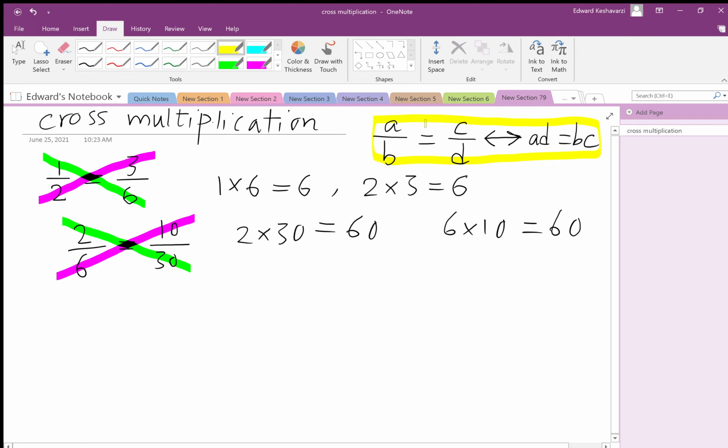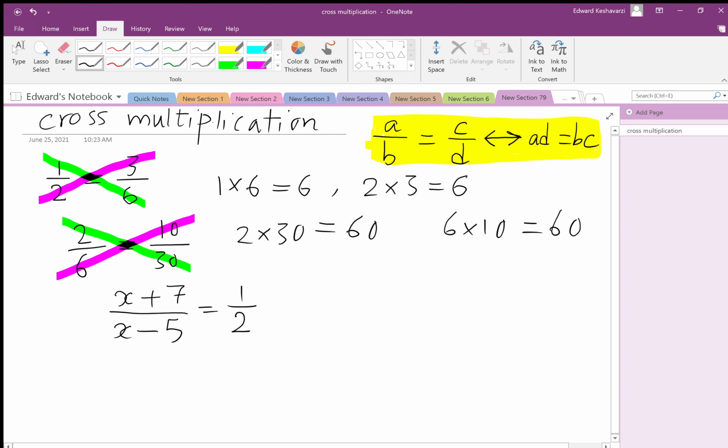You can give yourself a lot of examples. It's not proof, but it helps you to understand. Okay, so we're going to apply cross multiplying to solve this equation. (x plus 7) over (x minus 5) equals 1/2.